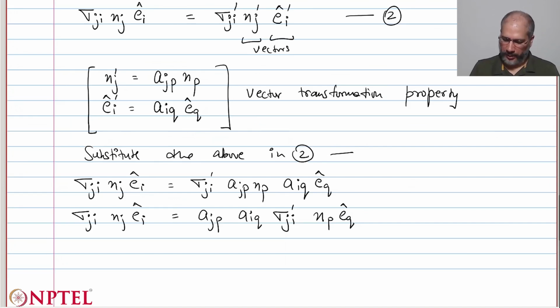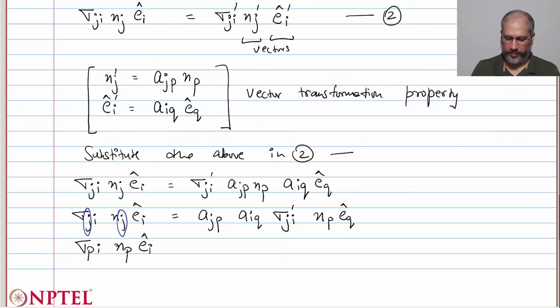Now we will play around or modify the indices on the left hand side, because I want to make sure that the index of this n and the index of this n is the same. And I can do that because the index of the n on the left is j here, which is a repeated index. So I can very well write this as sigma_pi n_p times e_i hat.